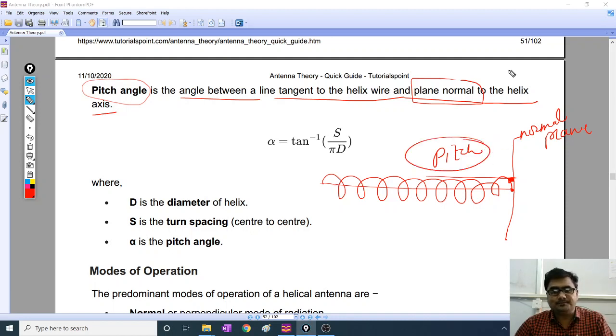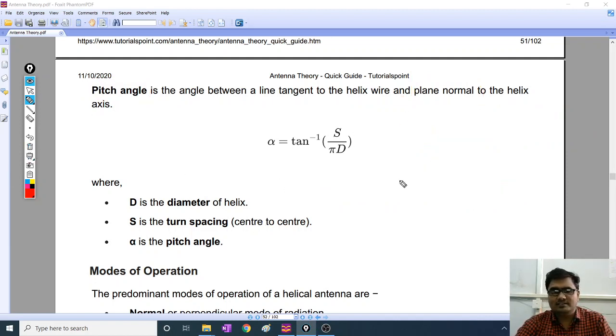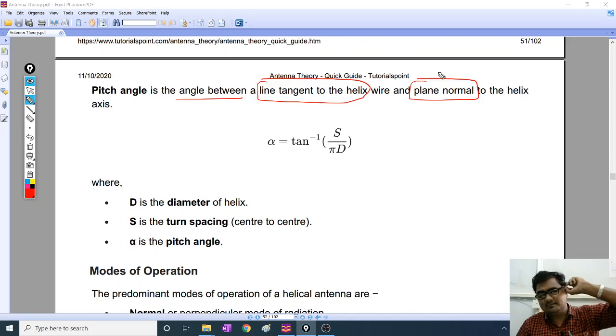No, actually it's not possible to show you in 2D. If we have some 3D HFSS view, then definitely I will show you. You imagine what that pitch angle is. Actually it's an angle between a line tangent to the helix and a normal plane. The angle between these two is the pitch angle, and it has a formula: tan inverse of S divided by pi D. Now what is that pi?